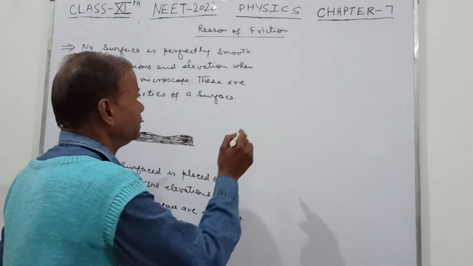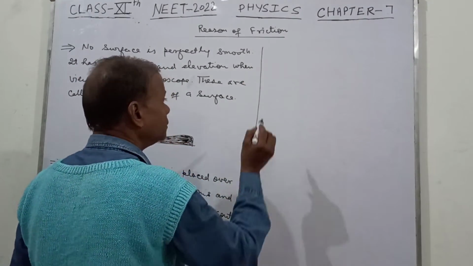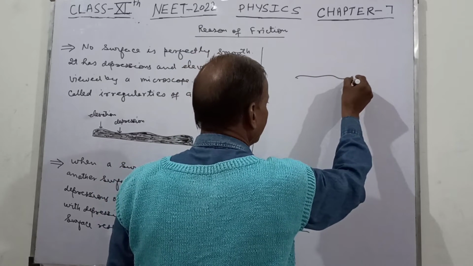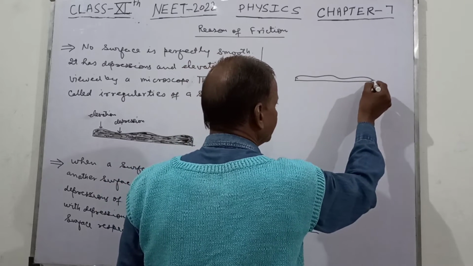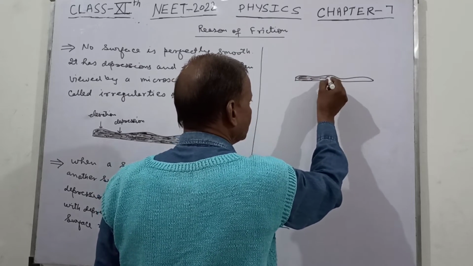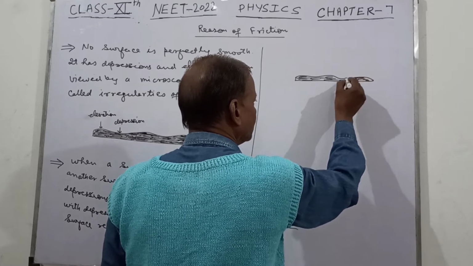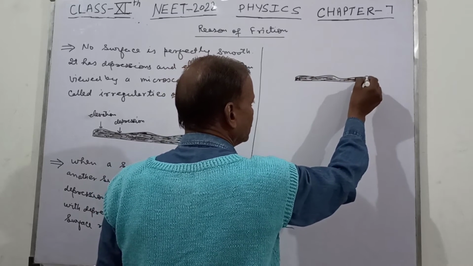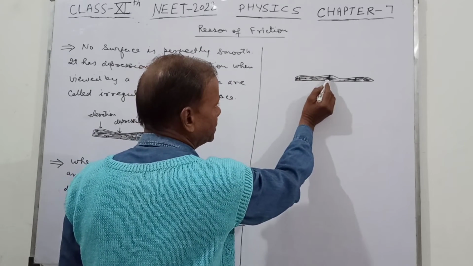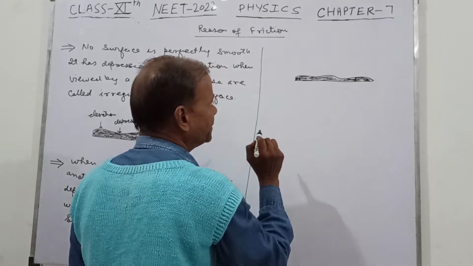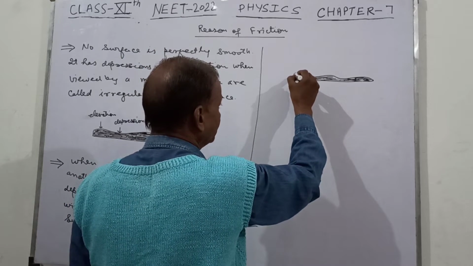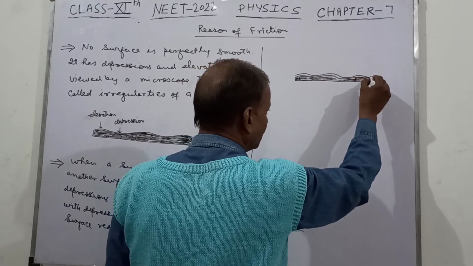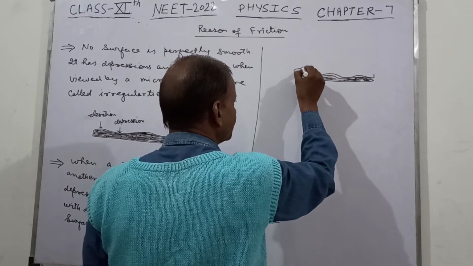So let's see it this way. This is one surface: elevation, depression, elevation, depression, elevation, and then depression. The next surface is like this one.